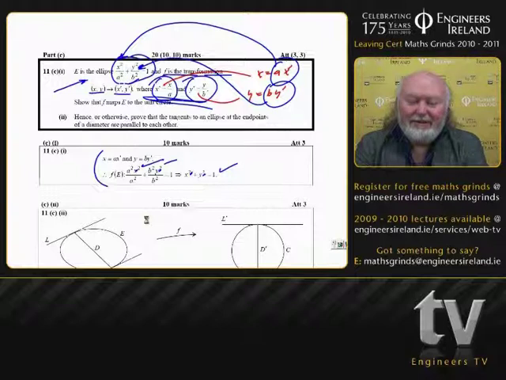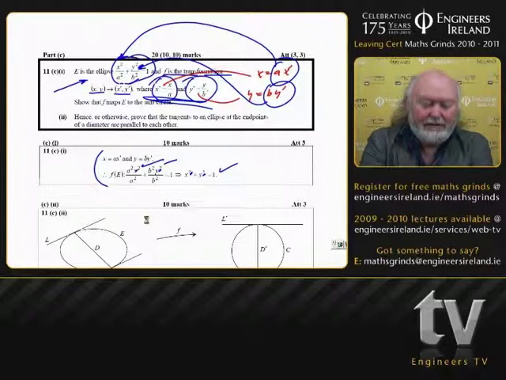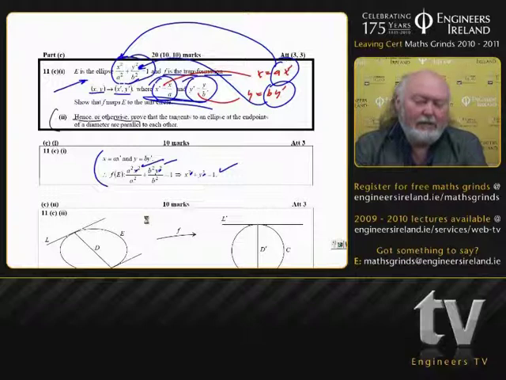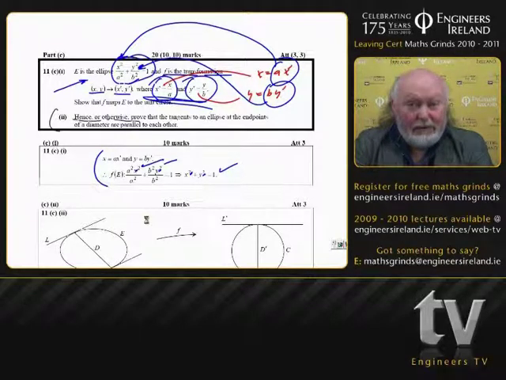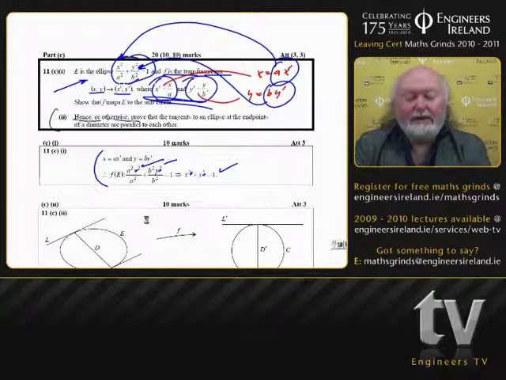Now let's look at the second half of part C. Maybe it's very difficult. What are they asking? It's saying hence or otherwise. In other words, there's actually a hint already. You've got a clue to how to solve this second part from the first part. We're going to map across to the circle world, and we're going to solve something very easy in the circle world and deduce it for the ellipse world.